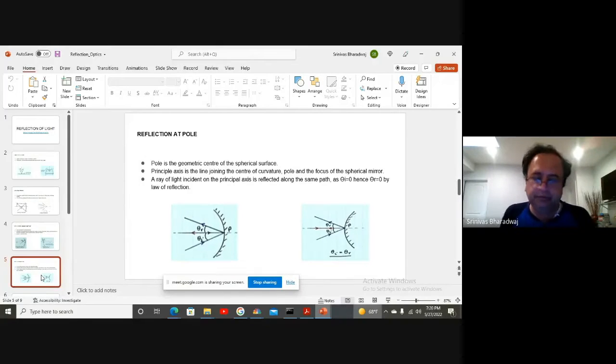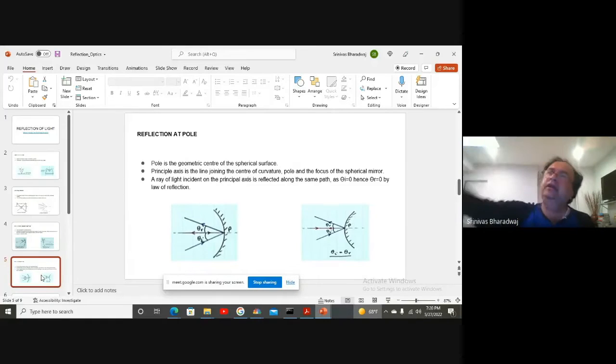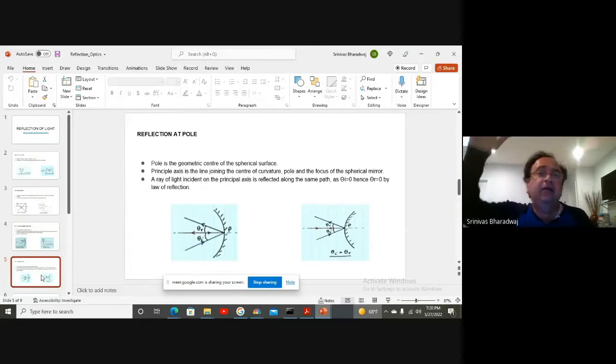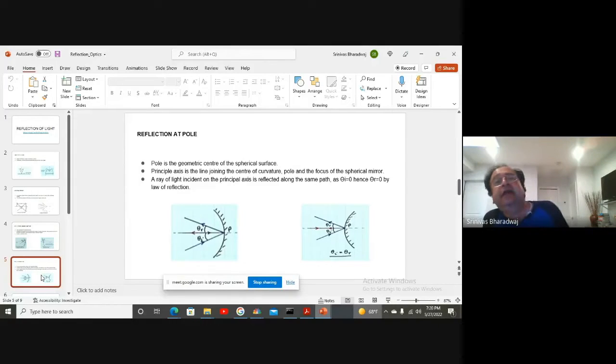So think of a convex or a concave mirror as similar to a flat mirror. It's very similar to a flat mirror, only think of it as many different flat mirrors, a series of flat mirrors, each of which is tangential. So when you have a ray, think of a flat mirror at that point, which is tangential. Okay, and therefore that's how that works.